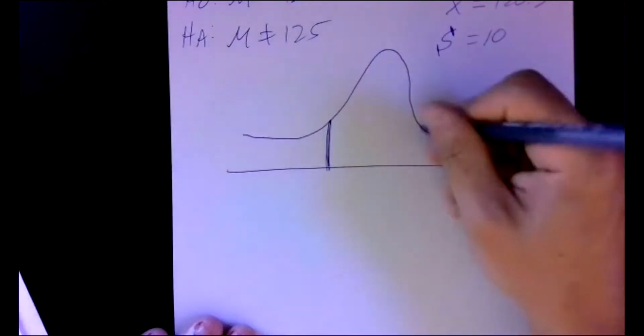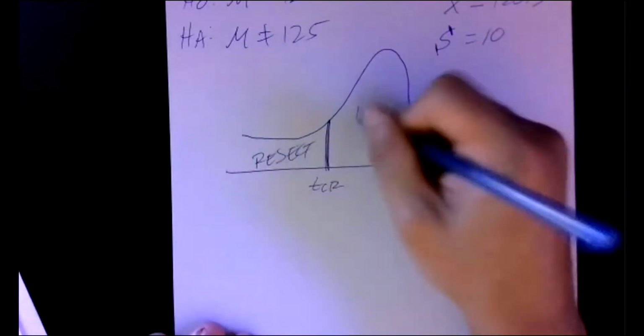This is not equal to, so it's a two-tailed test. Let's find the critical values that separate reject from fail to reject.